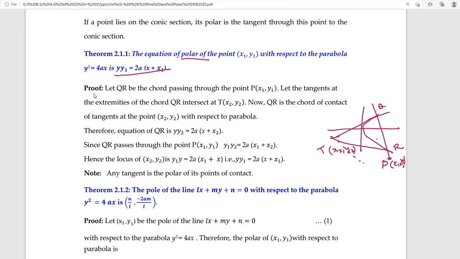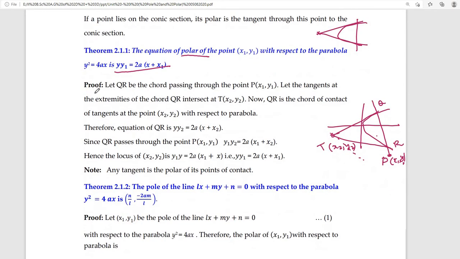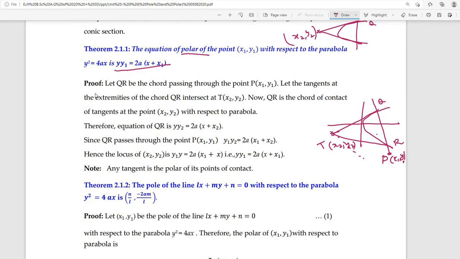Now, we know already that from a point outside the parabola, two tangents can be drawn, and this is called the chord of contact of tangents. Suppose I have a point, say (x2, y2), and this is the chord of contact of tangents, then we have its equation to be y2 equal to 2a into (x plus x2).